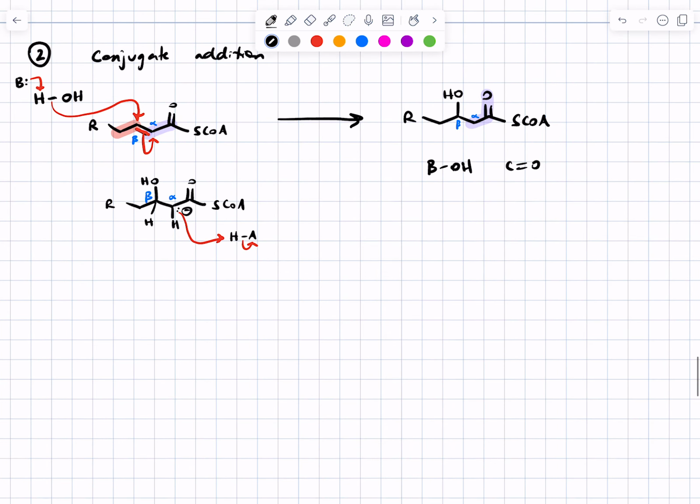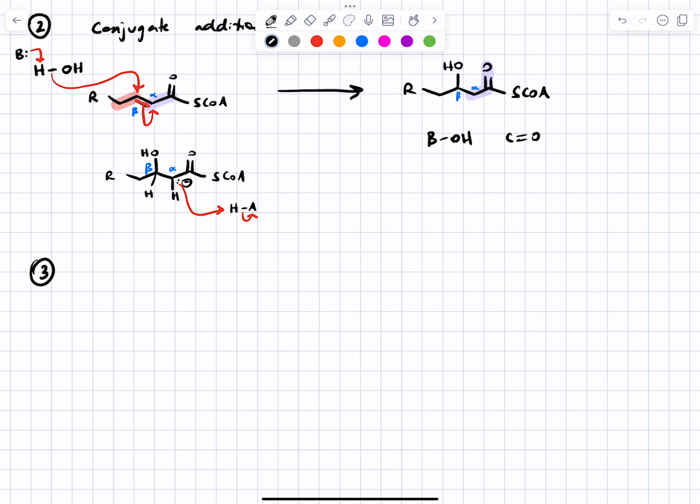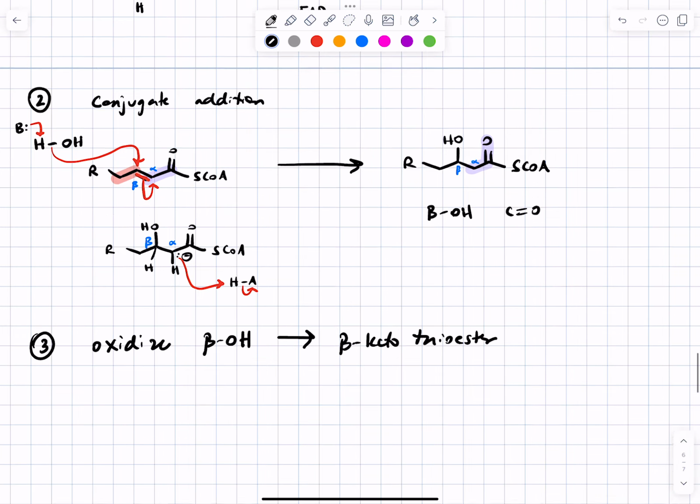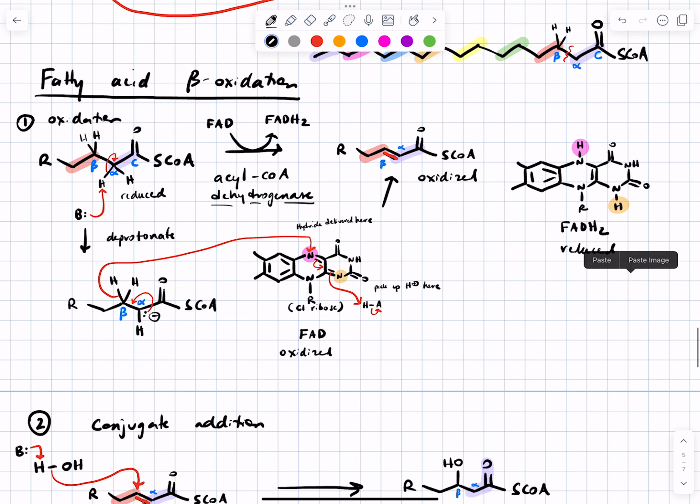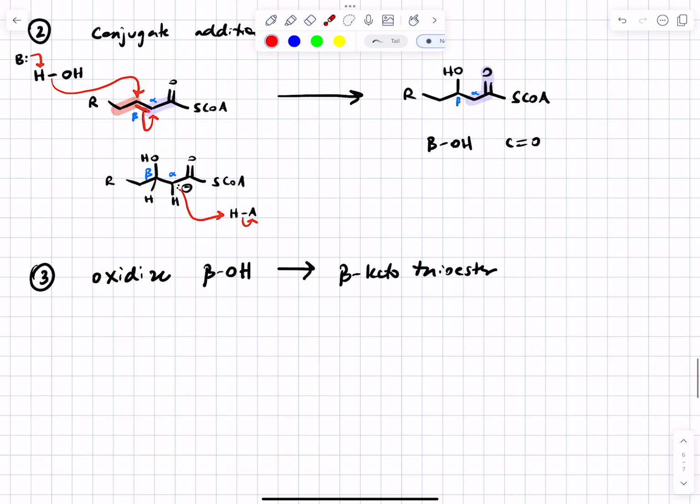So the third step of fatty acid beta oxidation is going to be another oxidation step. We're going to oxidize the beta hydroxy group to a beta keto thioester. And remember, every time we're doing an oxidation step and we generate FADH2 or NADH, that can be converted to ATP in the electron transport chain. So what we're going to do now starts with the beta hydroxycarbonyl compound.